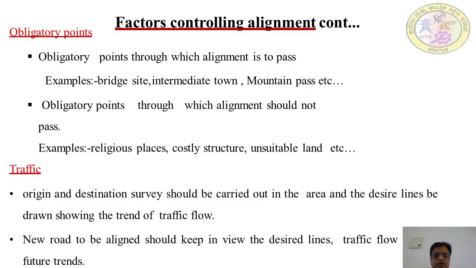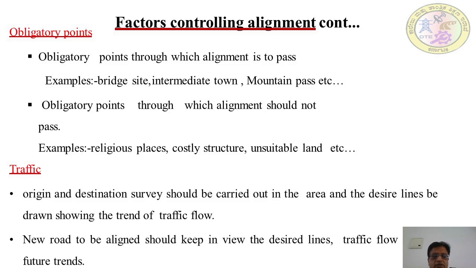So home becomes the origin, and office, college or any other business place becomes the destination. People travel daily for different purposes, so places of origin will be different and destinations will be different. So you need to do the survey of origin and destination, and you need to draw the desire lines.